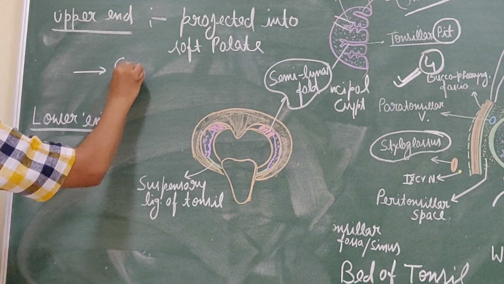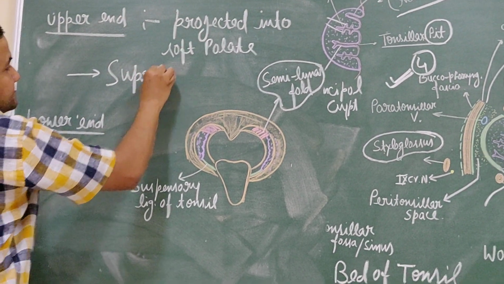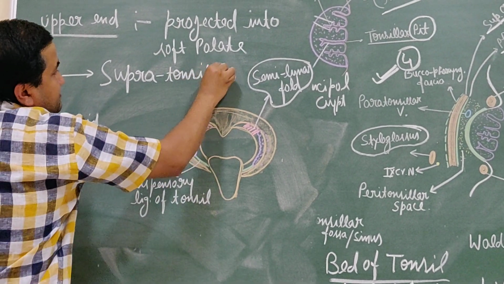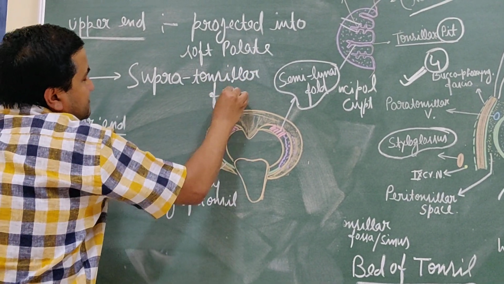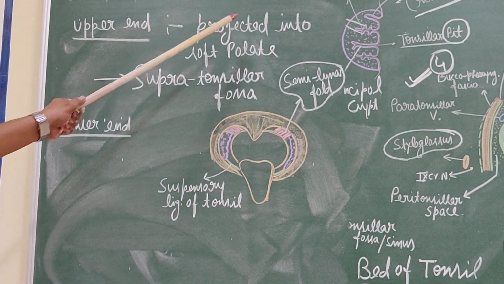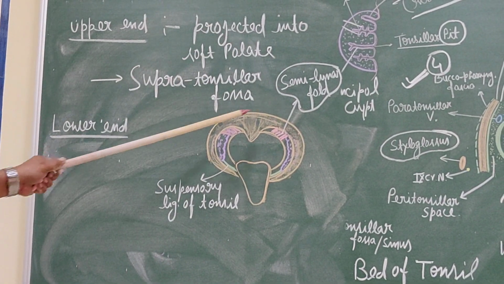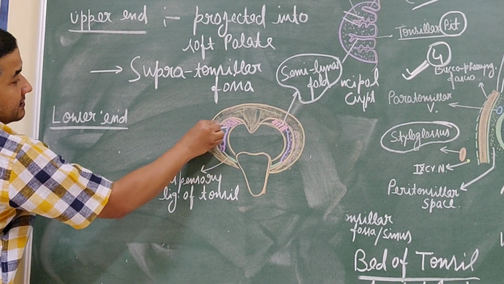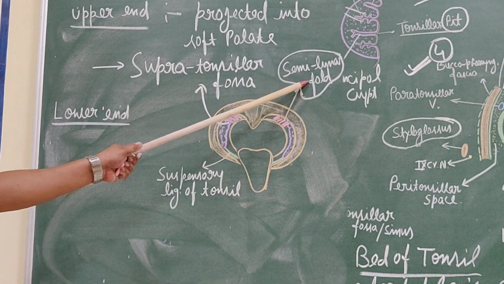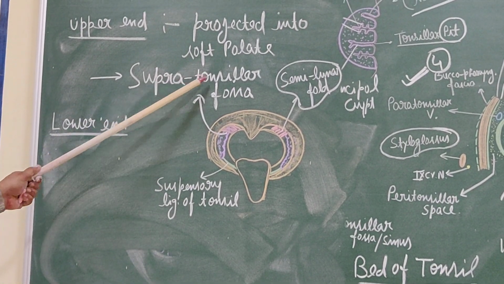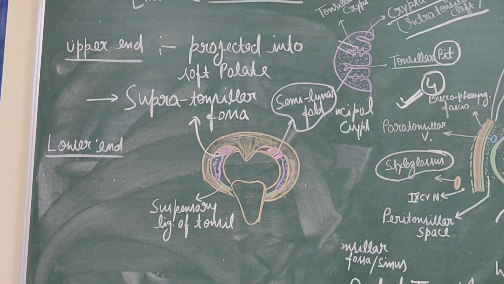This is the supratonsillar fossa. So the upper end projects into the soft palate and its medial surface is covered by the semilunar fold of the mucous membrane, and they form the fossa, that is the supratonsillar fossa.